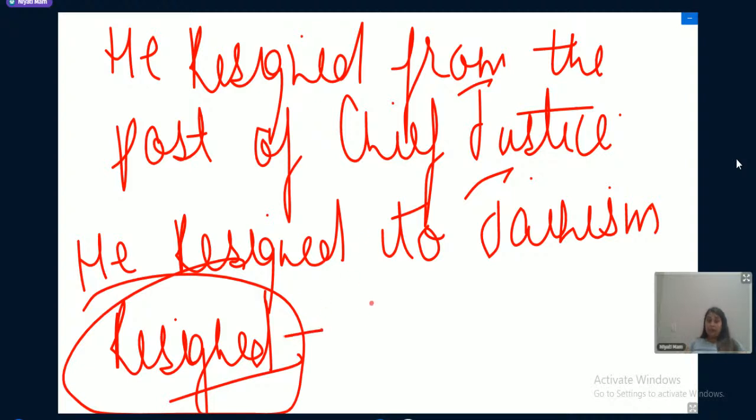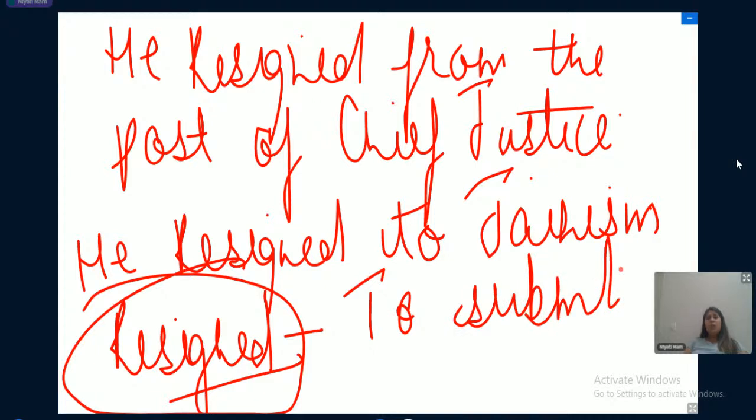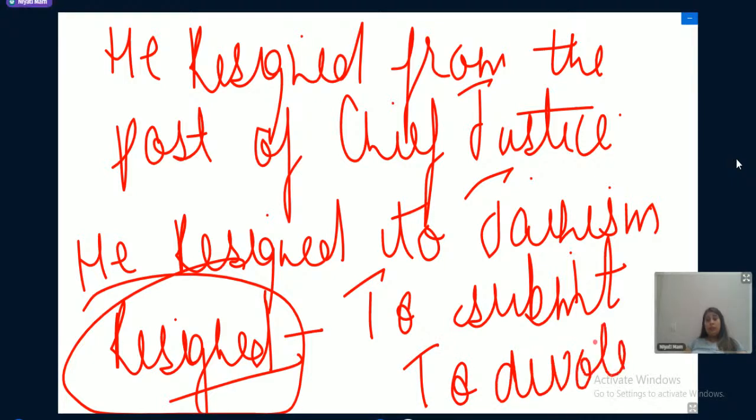Now another meaning of resign is to submit yourself to something or someone, to devote yourself to something or someone. You need to remember that when resign means to give resignation from a job, then in that case resign does not need an object after it.